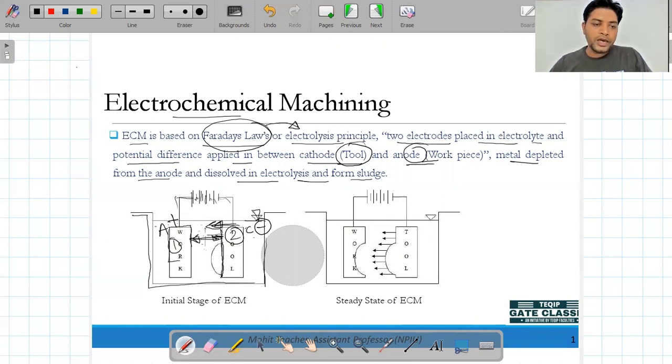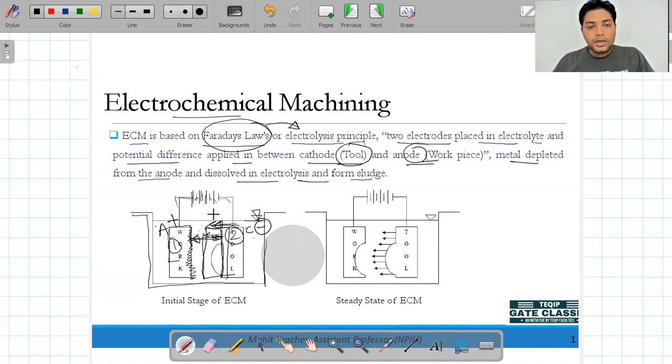When the tool reaches over here, the material starts being removed, or depleted, from the workpiece area.